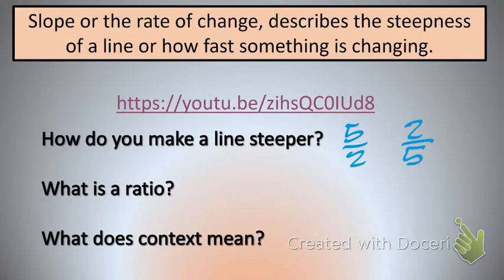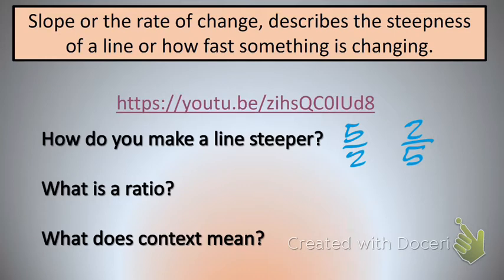Which one of those is going to be steeper? Which one, Spencer? The 5/2. Yeah, the 5/2 because the rise is greater than the run. You're increasing up or down faster than you are to the right.